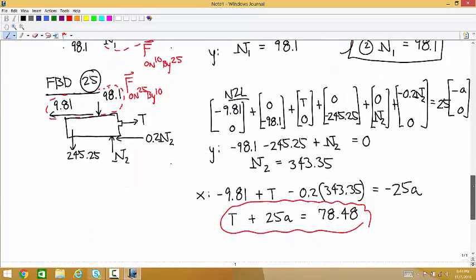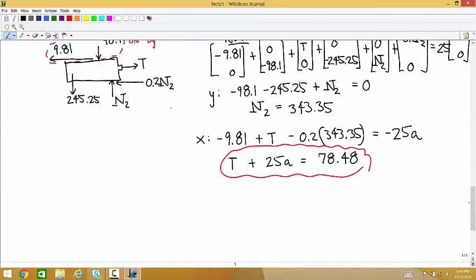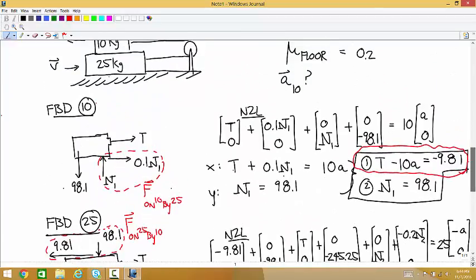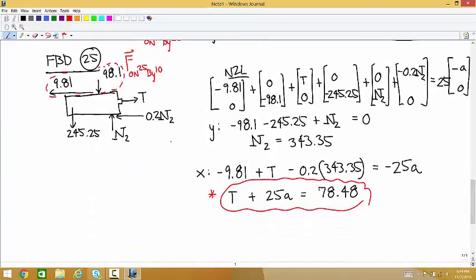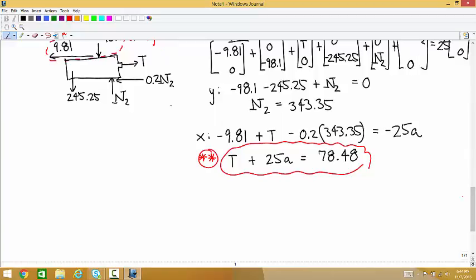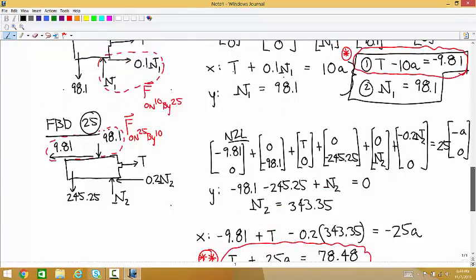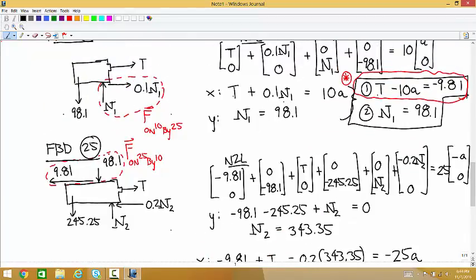I'll call this one star and this one double star. And then I'll go star minus double star. The t's go away.